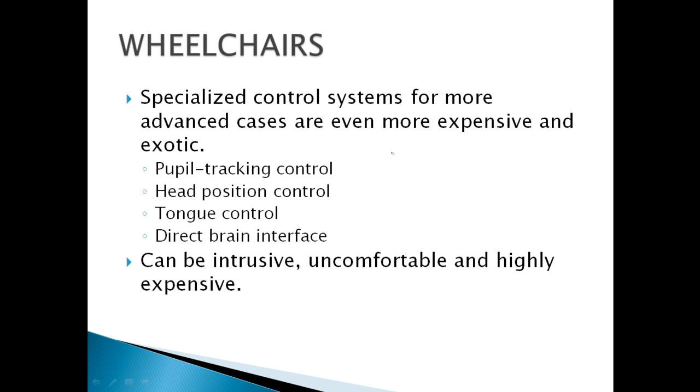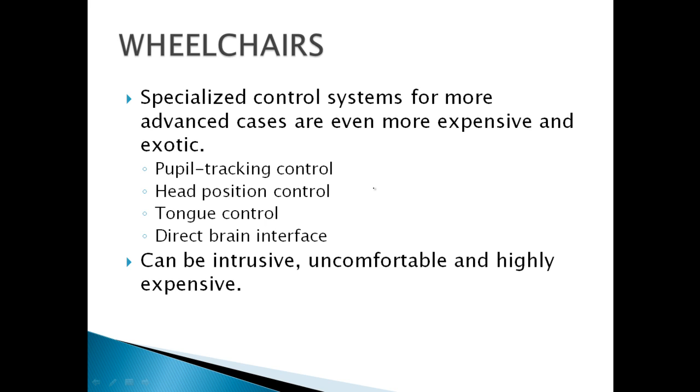There are also other types of wheelchairs for more advanced cases of paralysis. So these wheelchairs tend to get more and more expensive depending on how specialized they are. Several of the techniques that are in use include pupil tracking, where the pupil of the eye is tracked by a camera placed very close to the face, and head position control, where the tilt of the head is used to control the motion of the wheelchair.